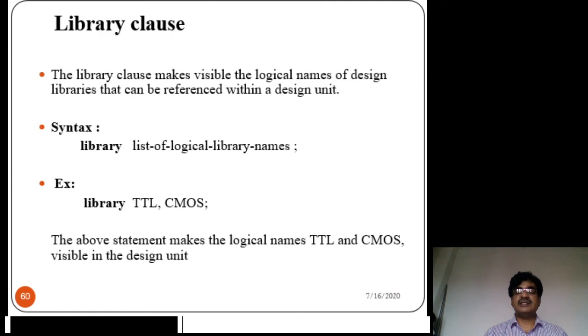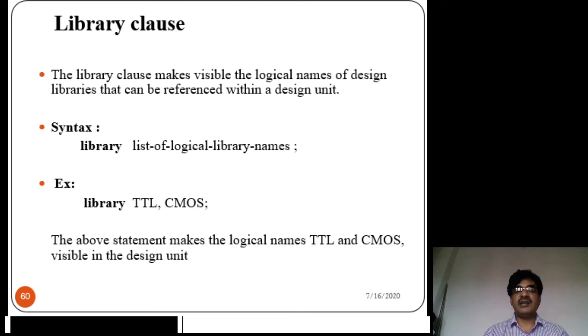So let us see the syntax of the library clause. Library, list of logical library names. More than one library name you can use along with the word library. Whatever declarations you made have to be placed first of all in a package, and the packages must be placed in the library.